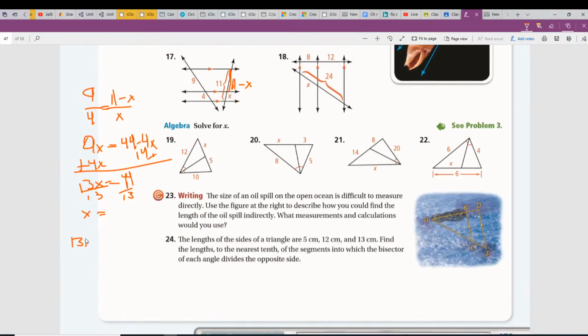So then we get 13 times 3, 39, and then that'll be 3, and we would have 5. Wait, hold on. I think this is not right. Okay, so I think I got 5 out of 13 here.